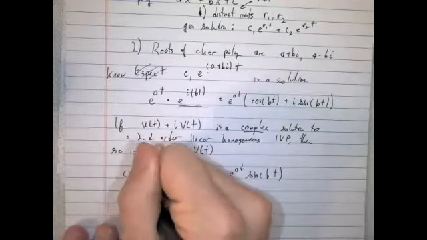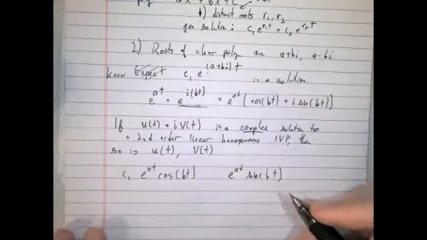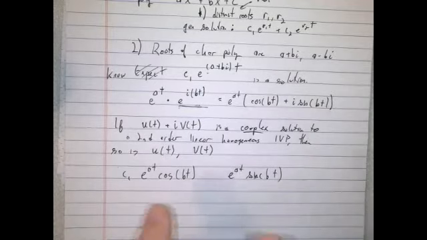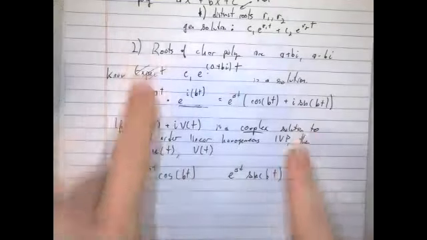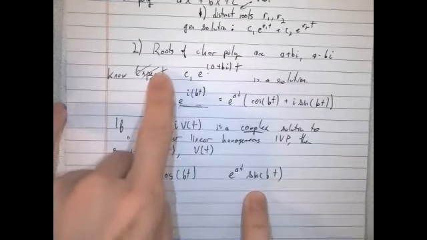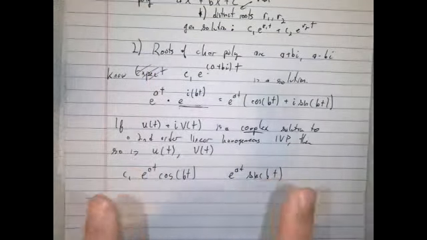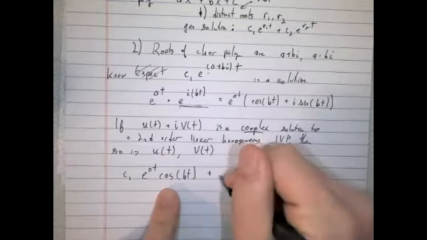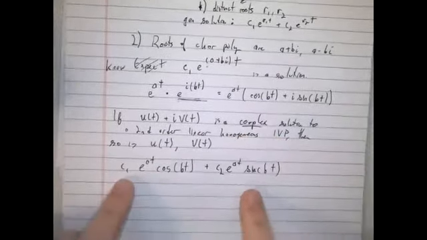So what we get is that C1 e to the at, oh, question? No question? Okay. When you produce these two solutions in this fashion from a polynomial with complex conjugate roots, these two will always be a fundamental system. So we always get our general solution like this.